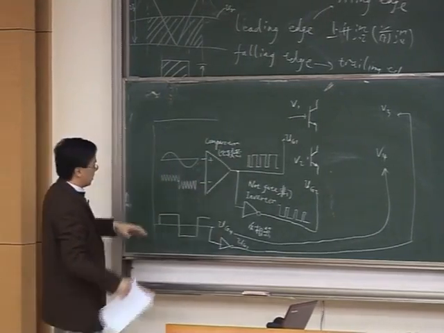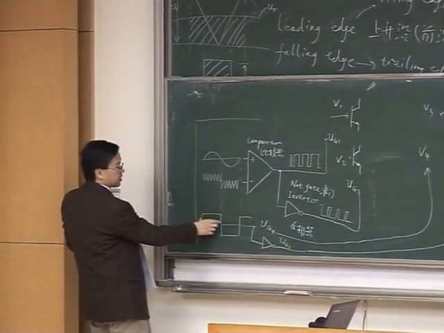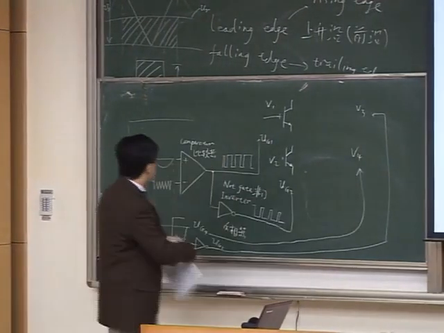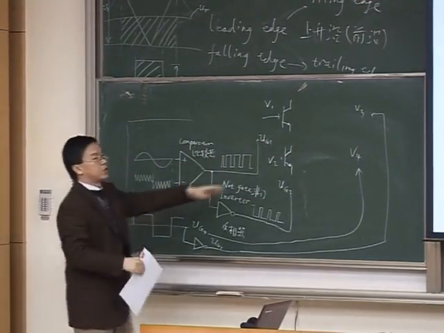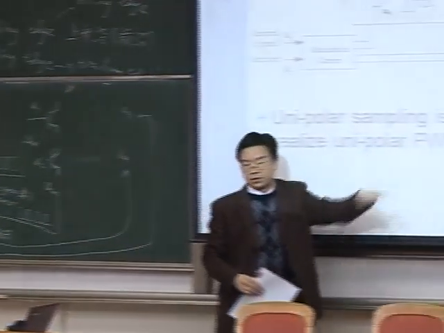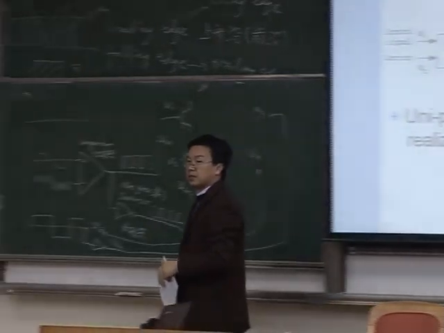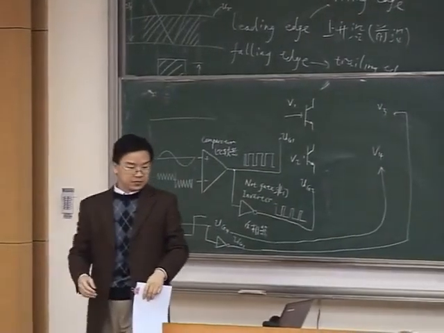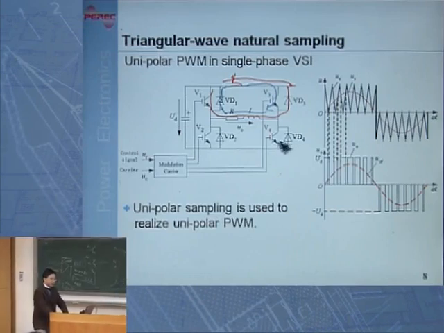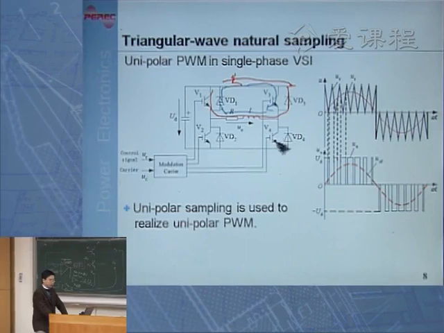And for the positive half cycle, I'm also turning on V4. So for the positive half cycle, V4 is always conducting, either V4 or VD4. Can you follow me? For the positive half cycle, I set V4 to always be conducting.